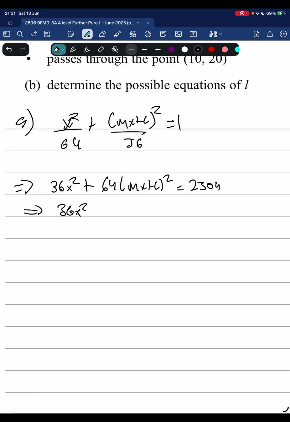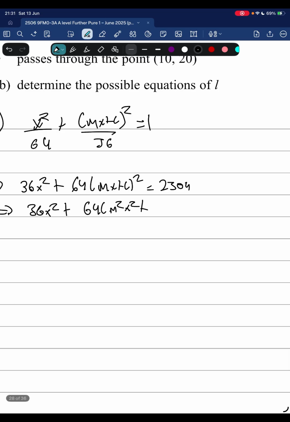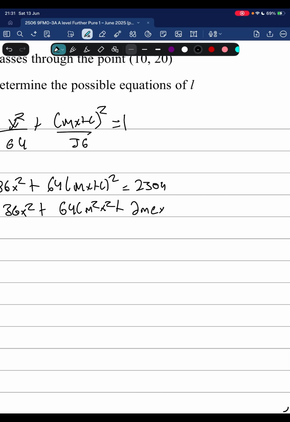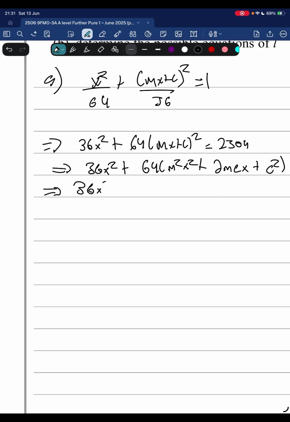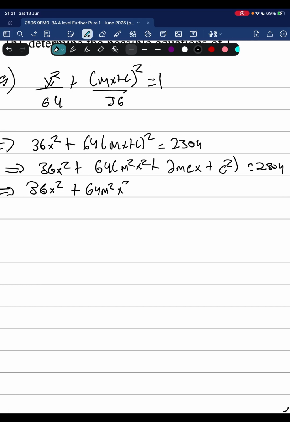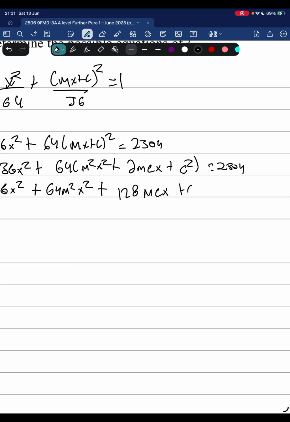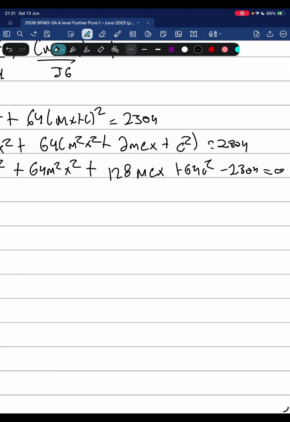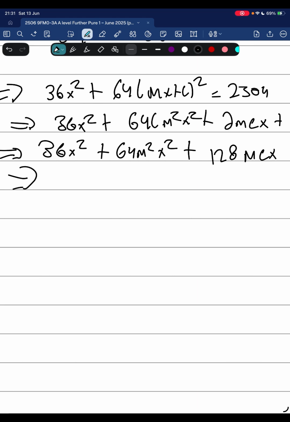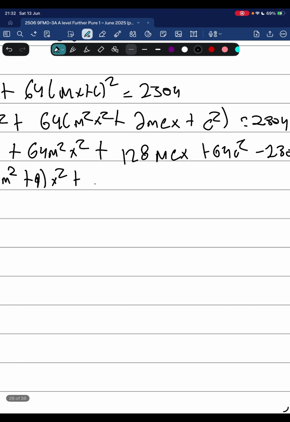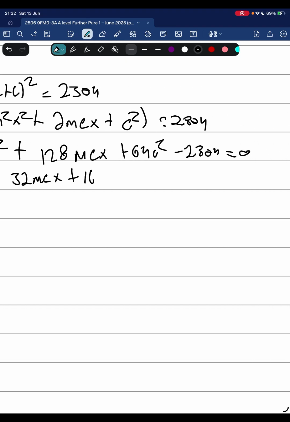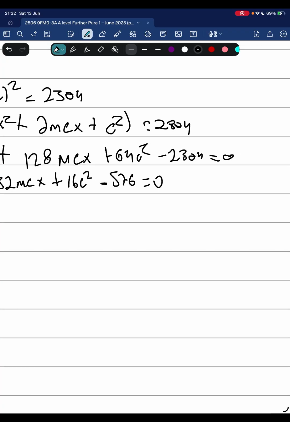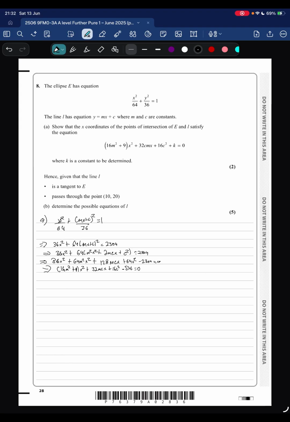So that implies 36x squared plus 64m squared x squared plus 128mcx plus 64c squared minus 2304 equals 0, and we can divide by 4 and combine the coefficients. So we get (16m squared plus 9)x squared plus 32mcx plus 16c squared minus 576 equals 0. So k is going to be minus 576.